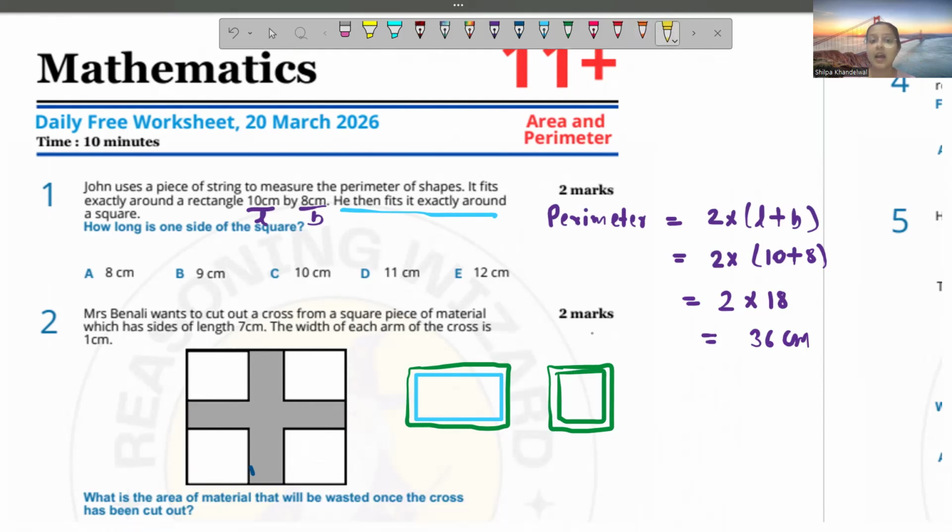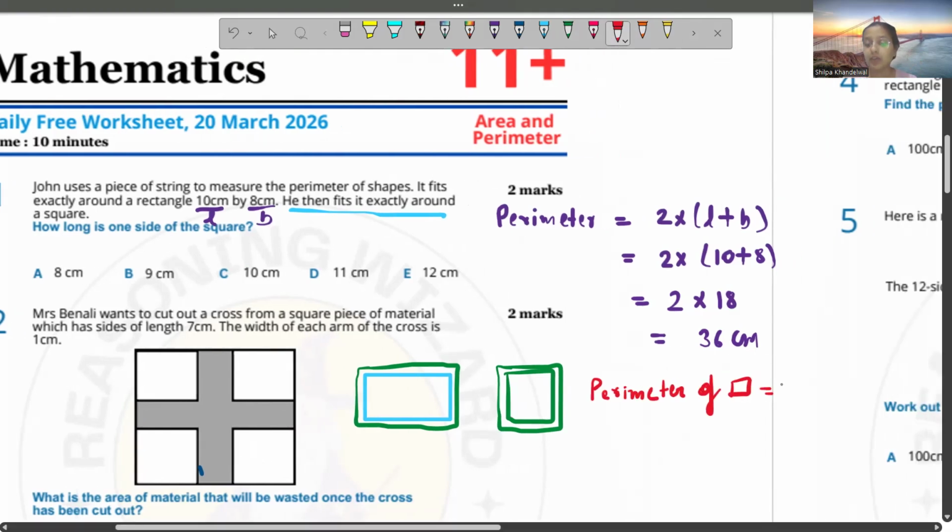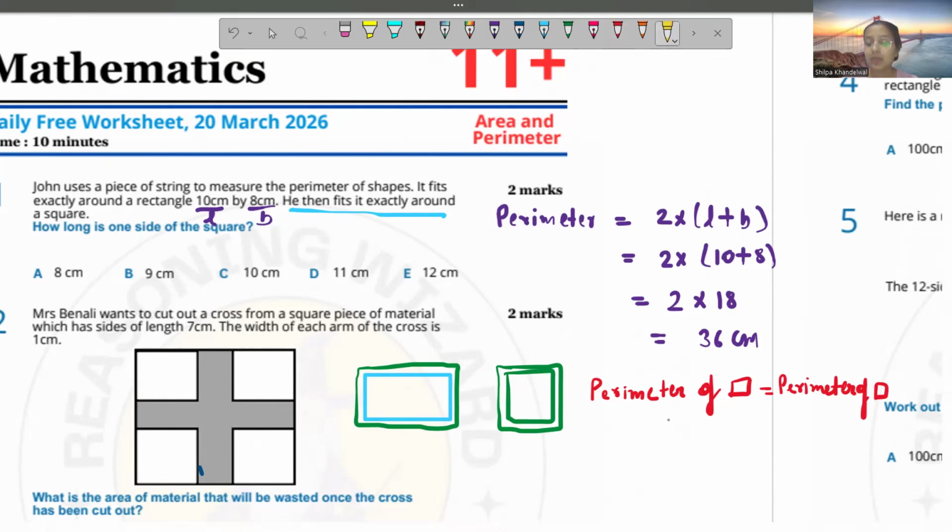So I have to calculate the side of the square. For that, I already know one thing, that the perimeter of the rectangle will be equal to the perimeter of the square, and we know the reason here, right? Now the perimeter of the rectangle is 36 and the perimeter of a square formula is nothing but 4 times side.